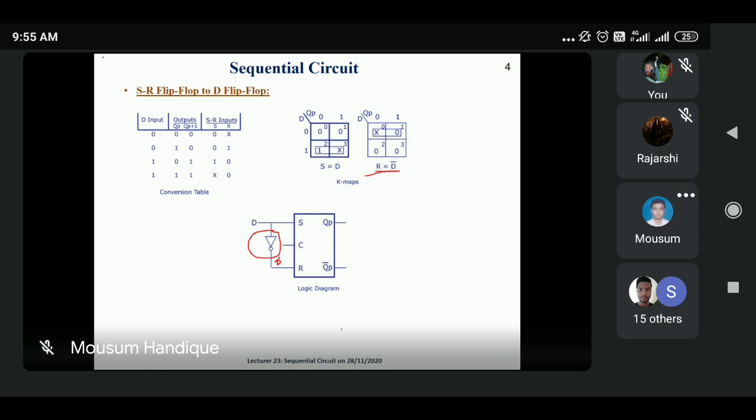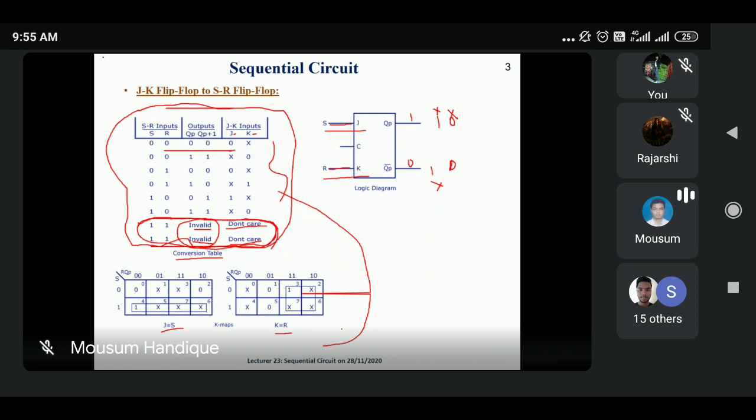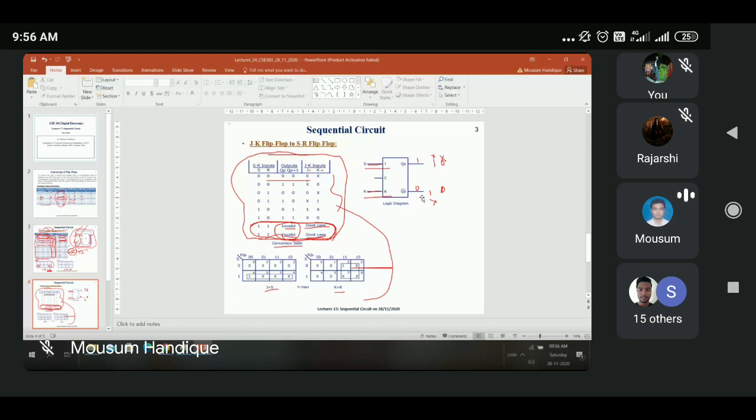Okay, then thank you very much. Okay, so next class we are going to a particular special sequential circuit that is called a counter. Okay, before counter we will discuss different types of topics like how we can draw the state diagram, or how we can construct some particular state sequence.